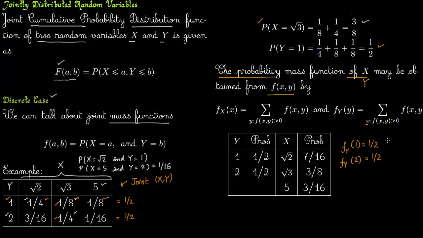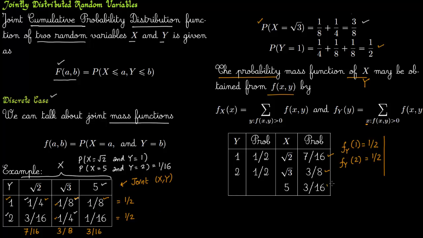You can do the similar procedure for x. For x equals root 2, you add up 1 by 4 and 3 by 16, you get 7 by 16. For root 3, you add up 1 by 8 and 1 by 4, you get 3 by 8. For x equals 5, you sum up 1 by 8 and 1 by 16, you get 3 by 16.